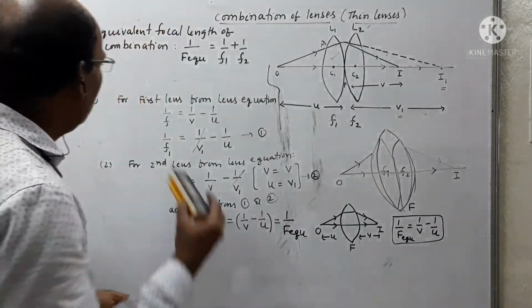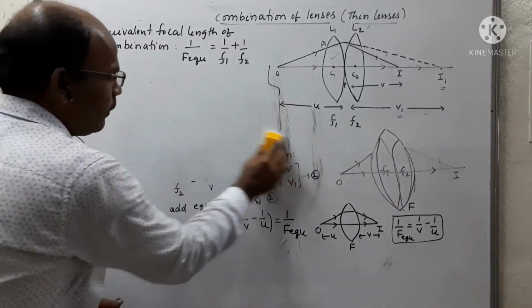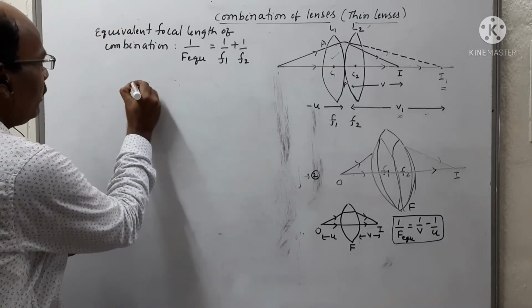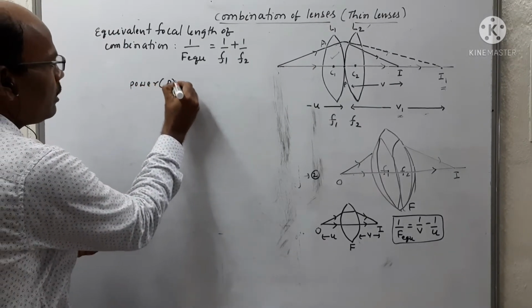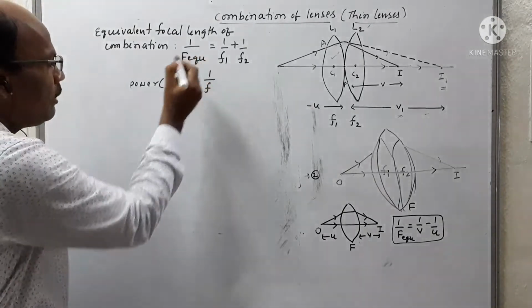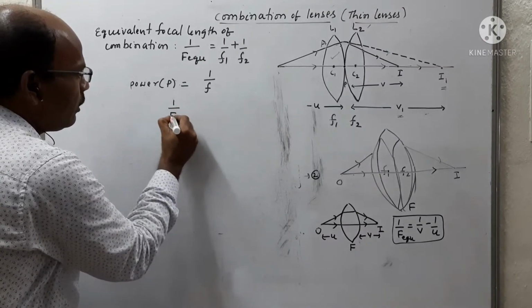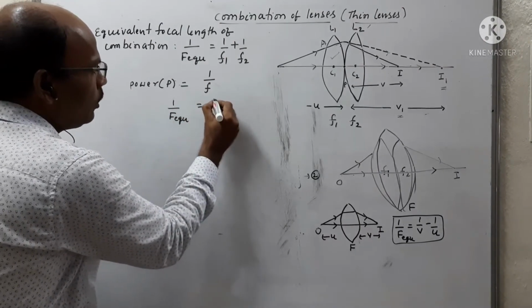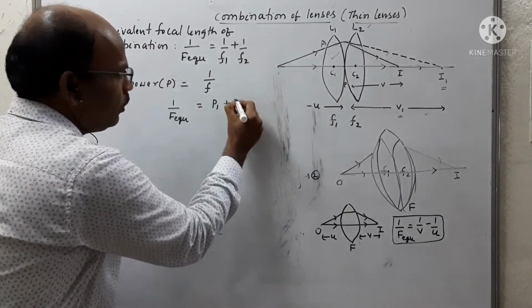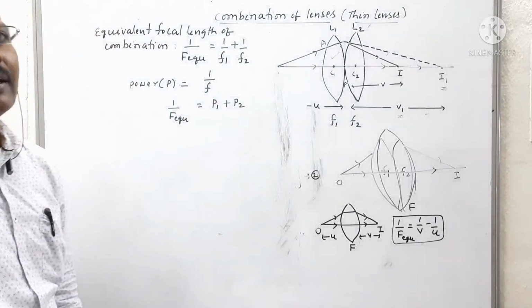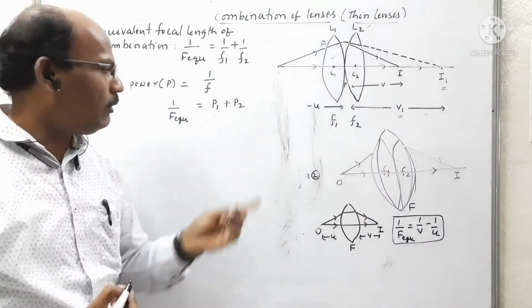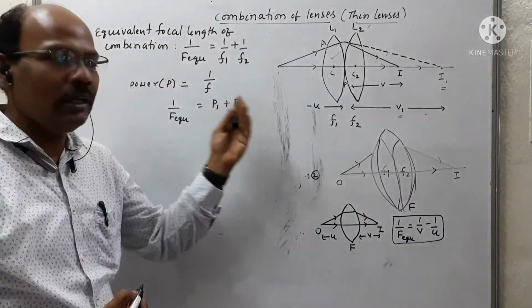So this can be expressed in terms of the power of the lens. Power P is equal to 1 by focal length. So this equation becomes 1 by F equivalent is equal to P1, power of first convex lens, and 1 by F2, P2, power of second convex lens. If we add another three or more, then we can simply write P1 plus P2 plus P3 and so on.